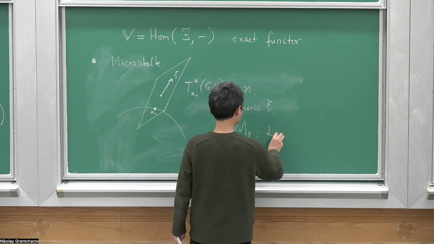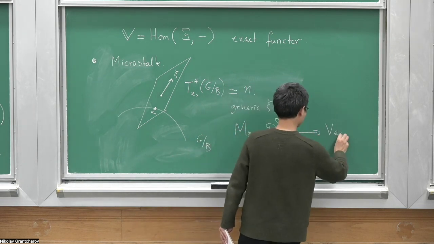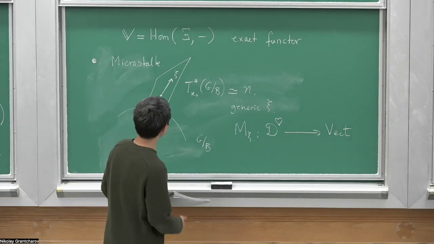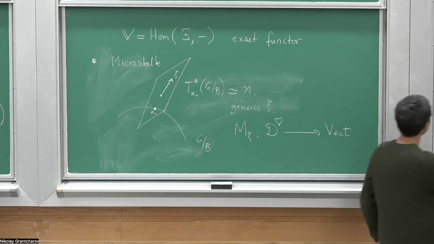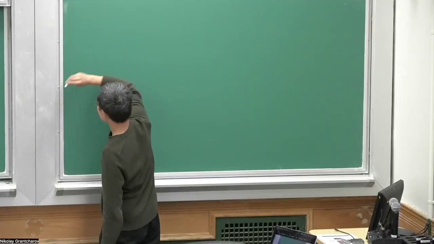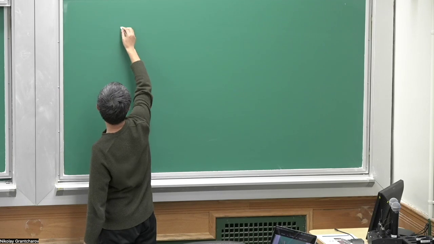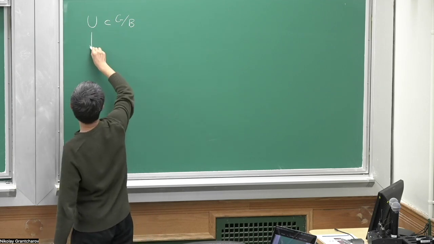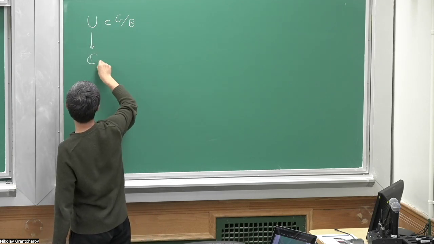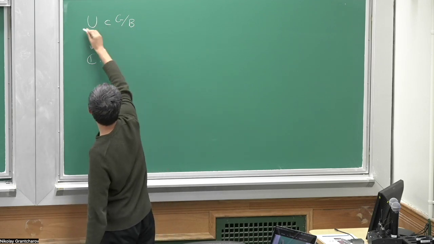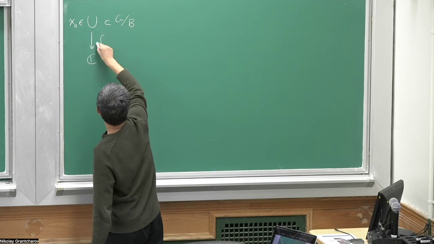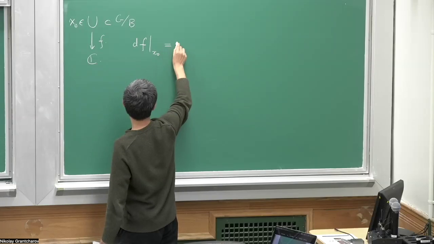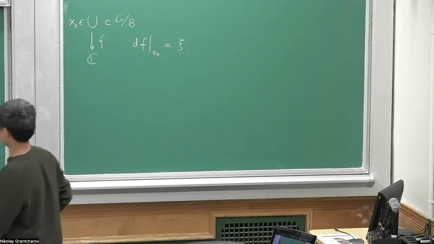So this again will be an exact functor on perverse sheaves. What it does is, the definition of this operation is you take a local function. Let's just work analytically. Take a small neighborhood of x0, and take a function whose differential at x0 is your covector.